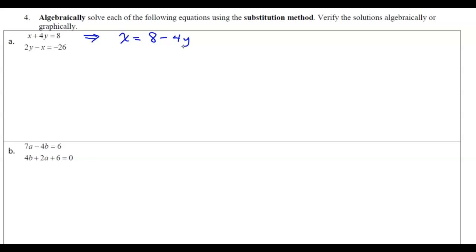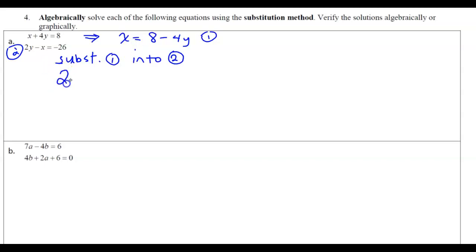Okay, so I've solved the first one. So that's my equation 1. This is my equation 2. So I'm going to substitute 1 into 2. So take a look. I'm replacing the x.